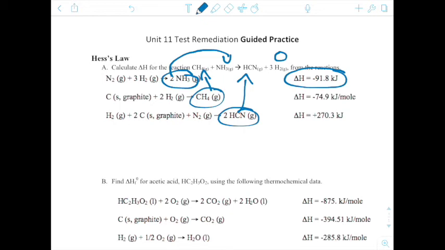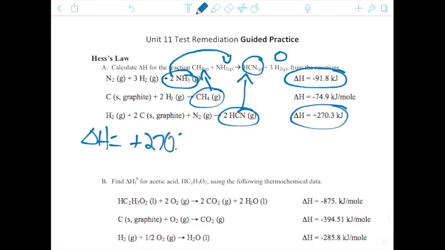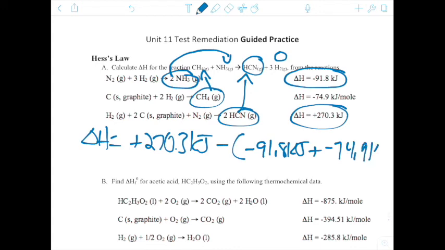So to use Hess's law, it's just products minus reactants. Our delta H is going to equal our products, which in this case is just our hydrocyanic acid, which has a positive 270.3 kilojoules of energy, minus our reactants: ammonia, which is negative 91.8 kilojoules, plus our other reactant, methane, which is negative 74.9 kilojoules.